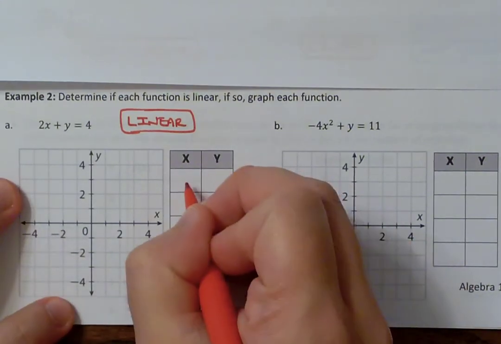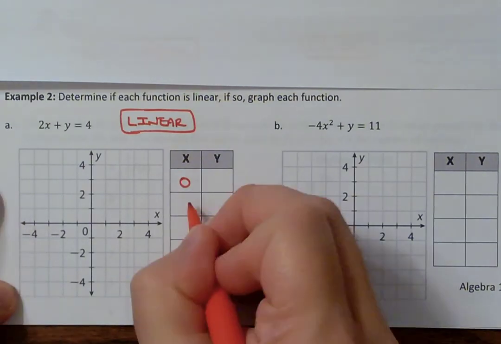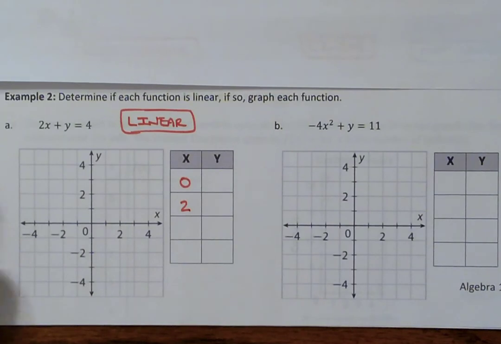So I'm going to use 0 for x, and I'm also going to use 2 for x. That's going to give me 2 points when I plug in 0 and 2 for x. And then I can go through and plot my line. You only need 2 points to form a line. Anything more than 2 is just being super specific.